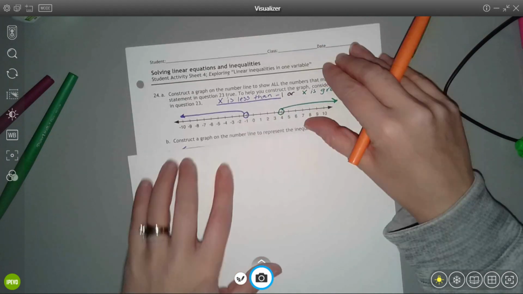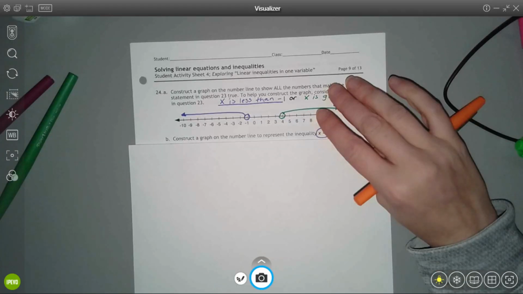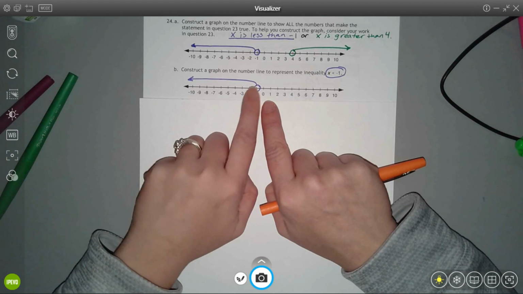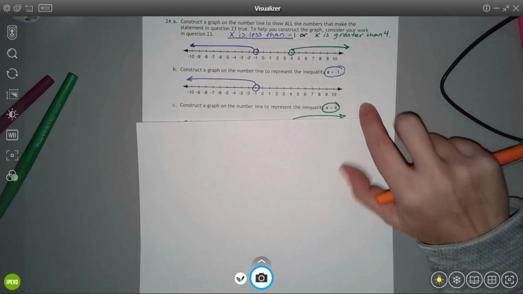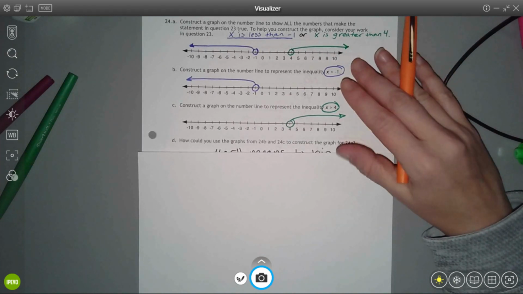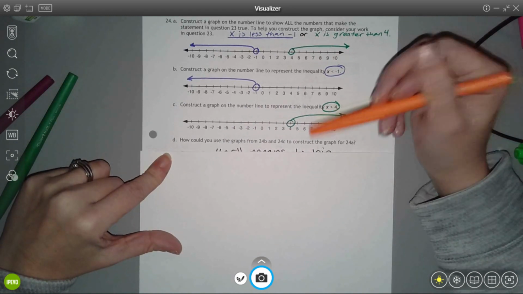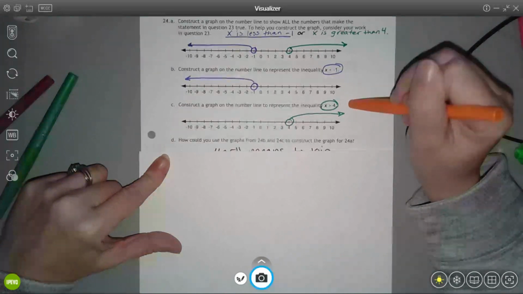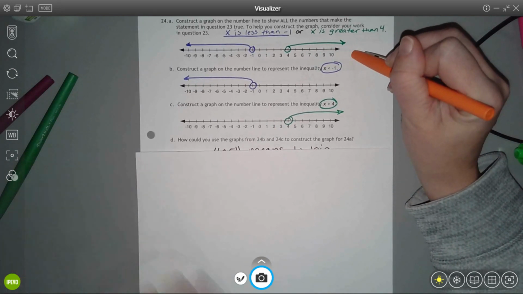Now they want us to construct a graph just showing X is less than -1. Open circle, just smaller. Same thing for X is greater than 4. Open circle, getting bigger. Okay, how could we use the graphs from 24B, so my purple one, and 24C to construct 24A?